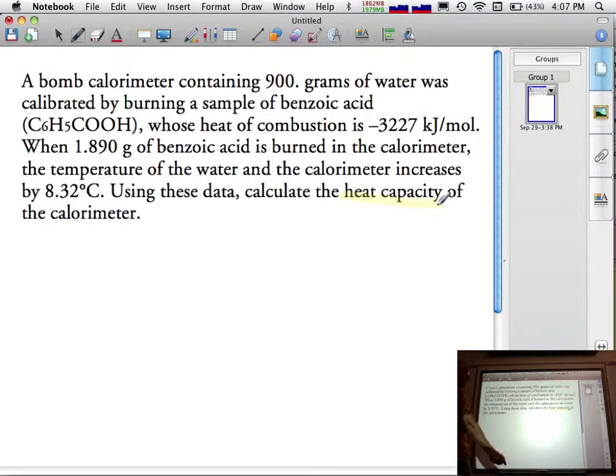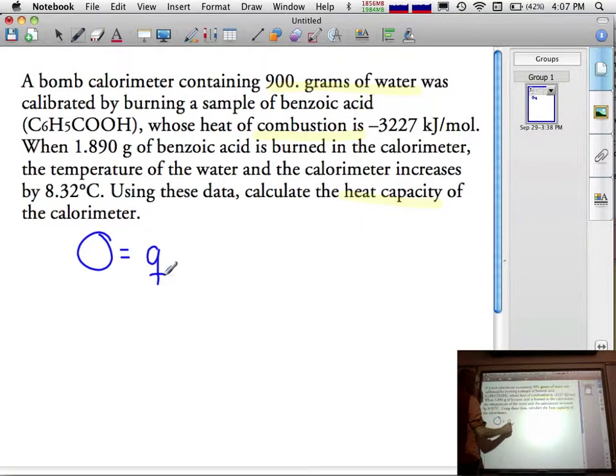heat of the reaction, and this calorimeter has a certain amount of water in it, and there's a combustion reaction going on. So each of those three highlighted things suggests that there are not two terms going on, but rather three Q terms. So when we write our Q equation, we're going to have, oddly enough, three different things.